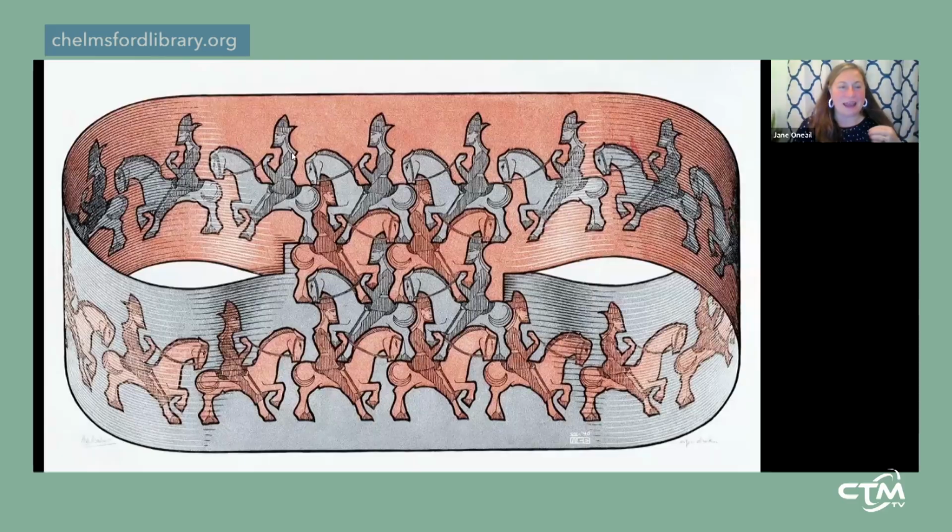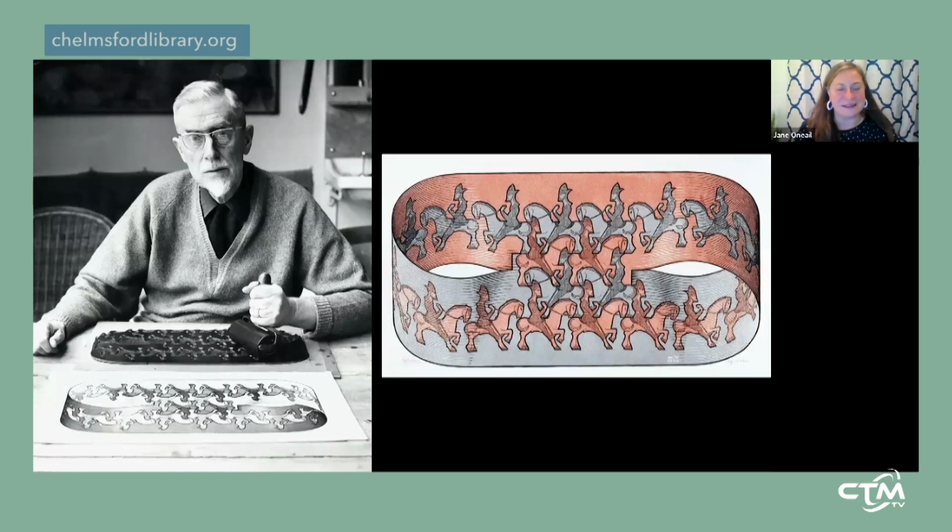It's as though we're looking at a ribbon, and these horsemen are parading around this ribbon infinitely, changing from red to gray, and then sort of crossing from one side to the next in this beautiful tessellation. Escher wrote about how he imagined that this was like a strip of fabric, and you could see the inverse of the horseman image on the inside of the fabric. Here's just an image of the artist printing this image again later on in his life.